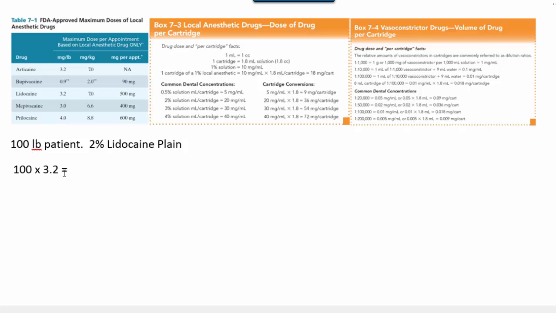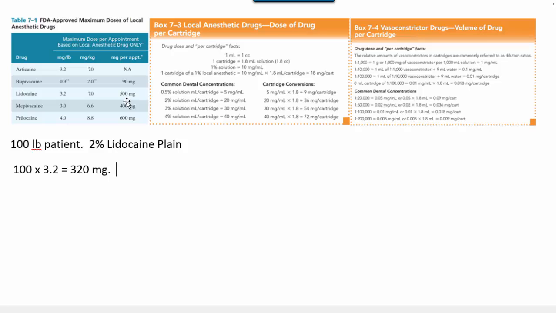Using my calculator, that comes to 320 milligrams. So that patient's MRD is 320 milligrams. Now, this is well under the 500 absolute MRD for lidocaine. So her weight limits her to receive no more than 320 milligrams of anesthetic.